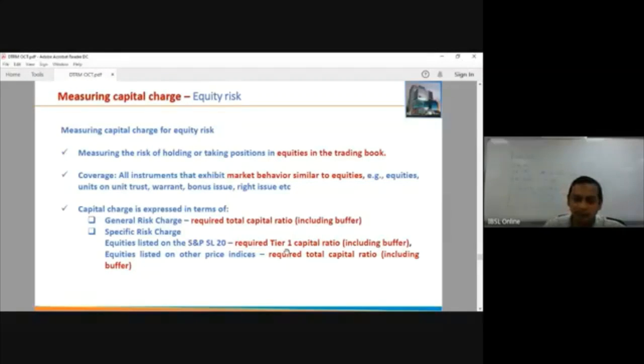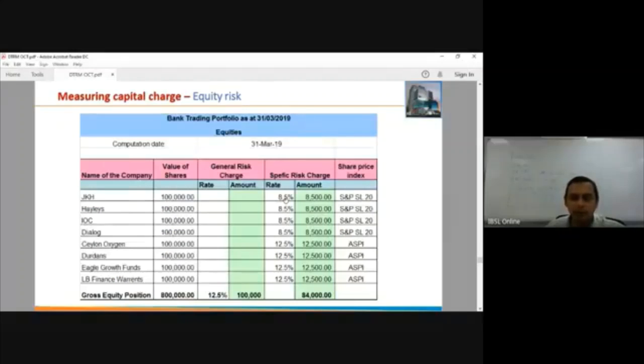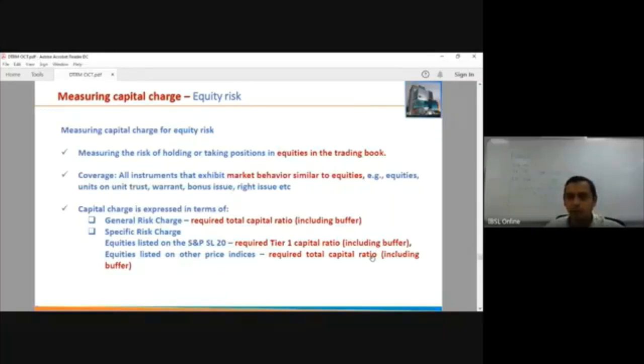Last week I said in Sri Lanka our tier 1 ratio is 8.5%, including buffers. If you want, you can go back to the previous slides and see. So you multiply by that. And for any other share price index, you need to multiply by the required total capital ratio, again including buffers.